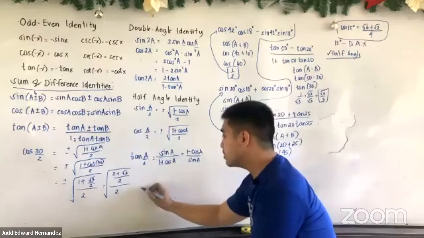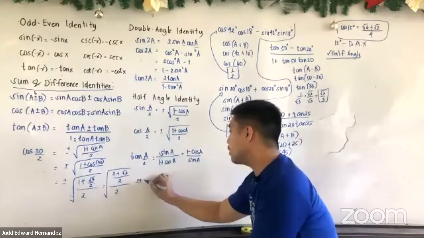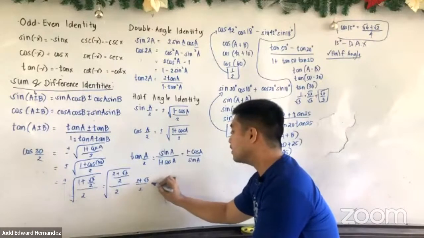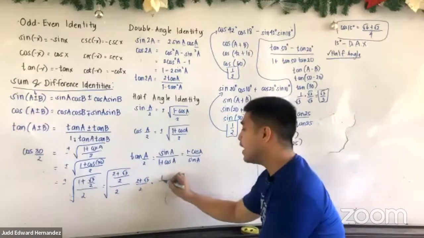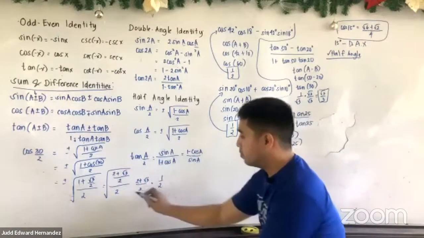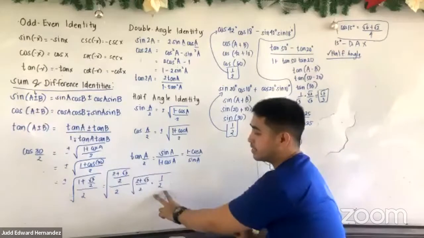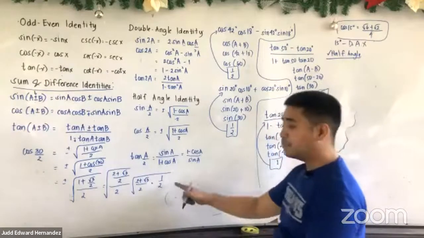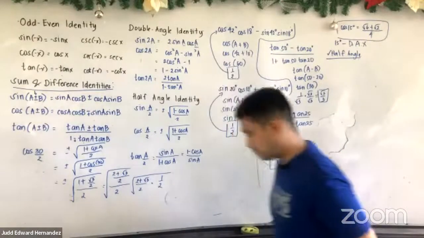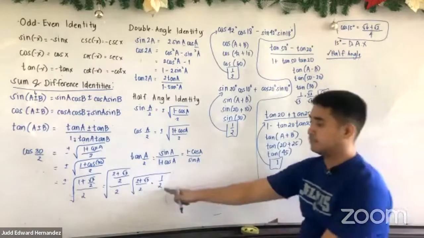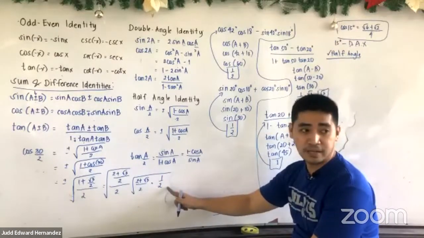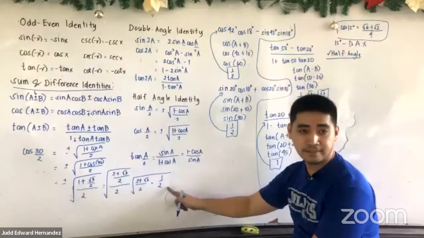So this becomes 2 plus square root of 3 over 2 times 1/2, but this must be inside the square root sign. Is our evaluation correct? Yes po, sir.